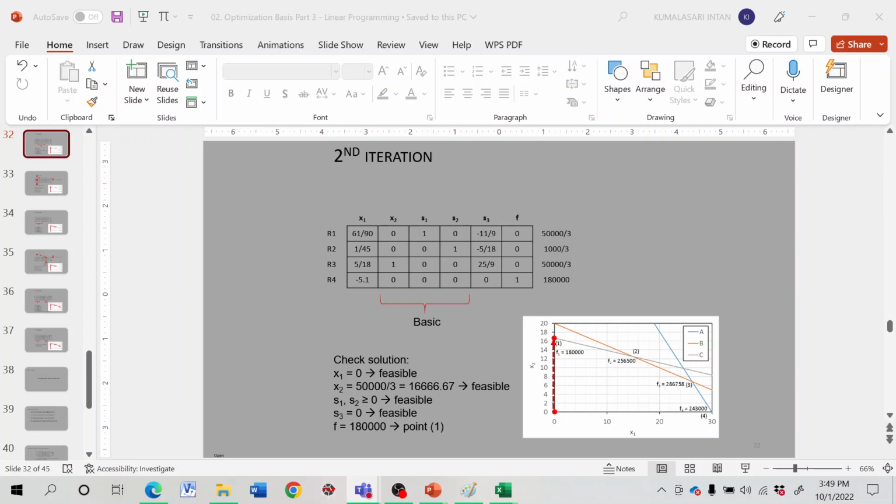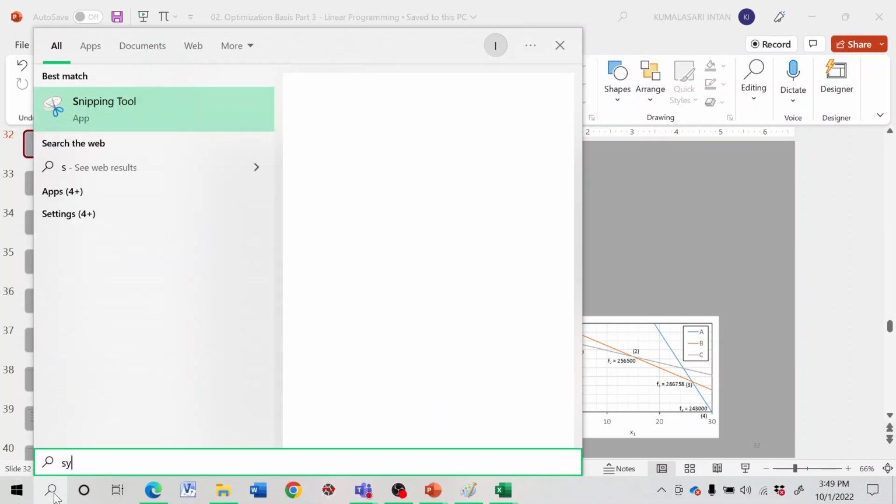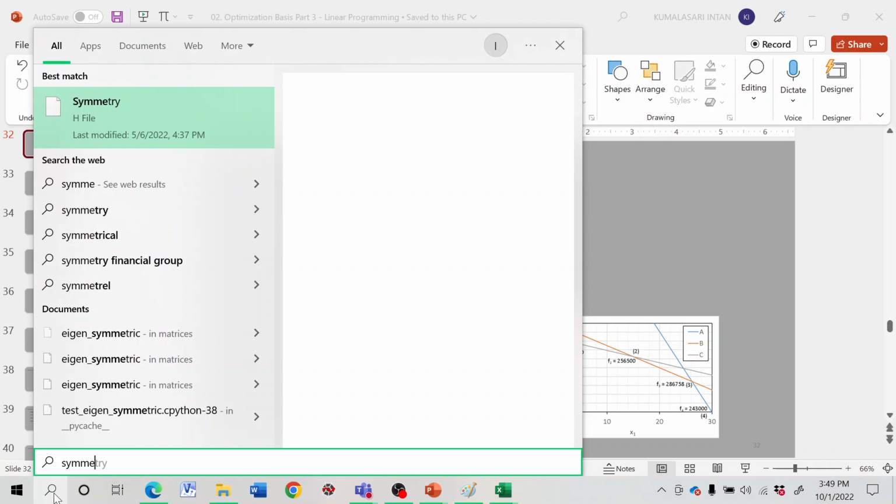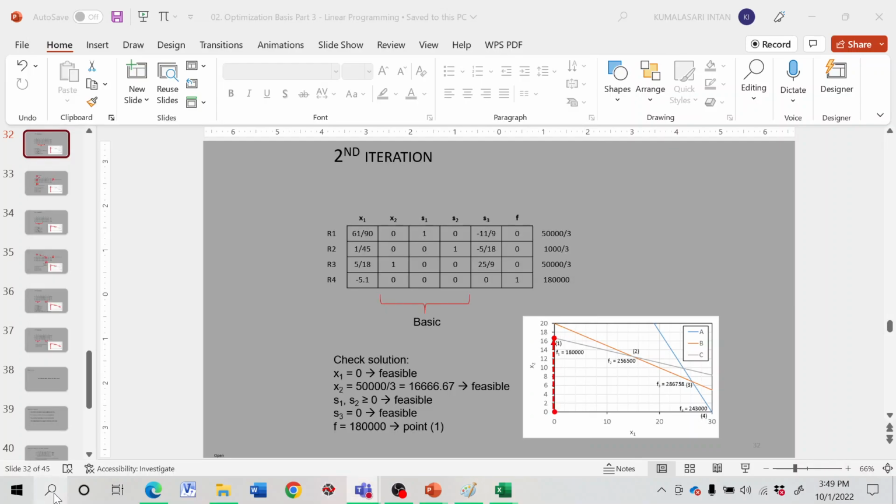If you are connected to UTP VPN and you're not looking at UTP computer, that means you have to talk to our IT, Cik Nizam. I think Afiq or Chong Yang can help you with that. So talk to Cik Nizam about how you can see the computer of UTP. Because once you see the computer of UTP, you can simply search for symmetry, and then you will get your symmetry software, which you can click and open.